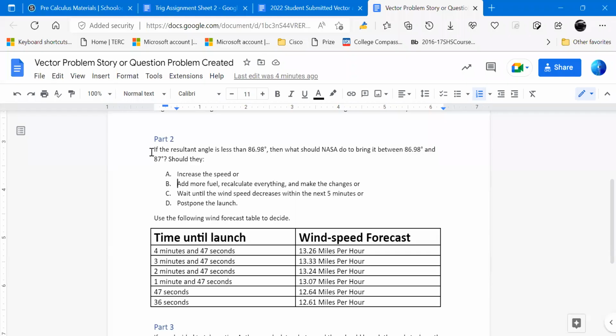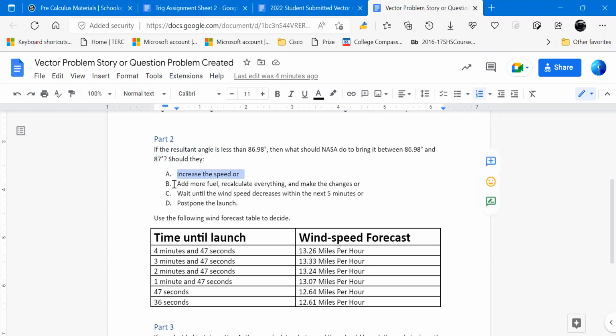Sorry if I did not share it before. If you can see the screen here, the question restates that if the resultant angle is less than 86.98, then what should NASA do to bring it between 86.98 and 87 degrees? So should they increase the speed?